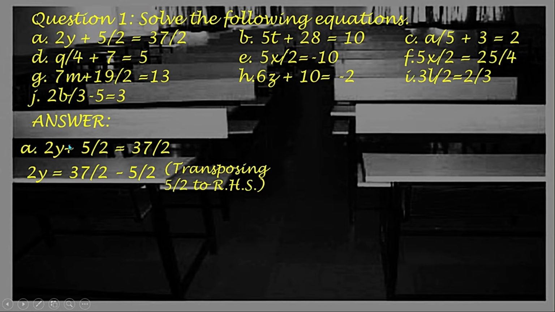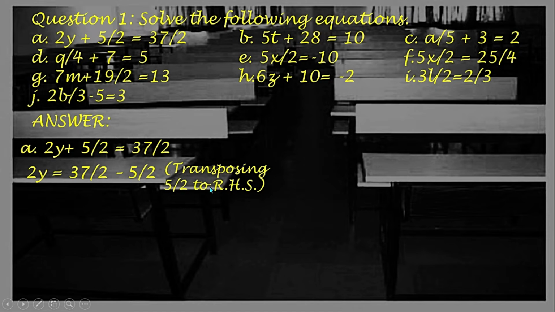In the first term we have y, but 5 by 2 and 37 by 2 don't have any variable. That's why I have shifted 5 by 2 to the side of 37 by 2. While shifting 5 by 2, it contained a plus sign, so when shifting it, its sign changes into minus. That is known as transposing. So you have to mention it here, transposing 5 by 2 to RHS.